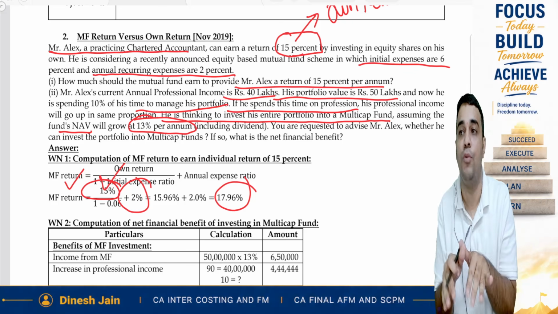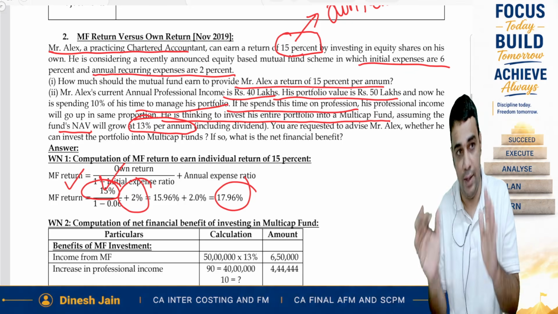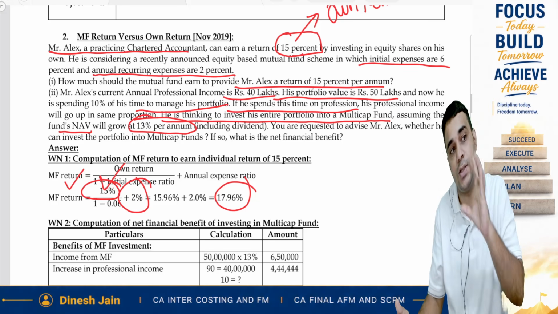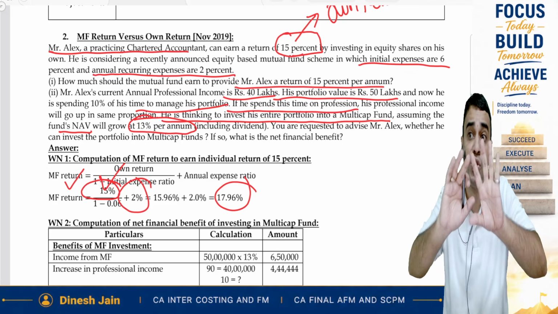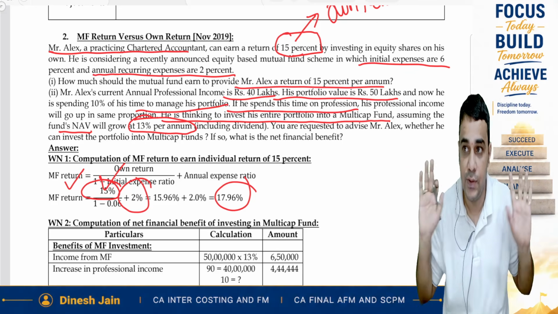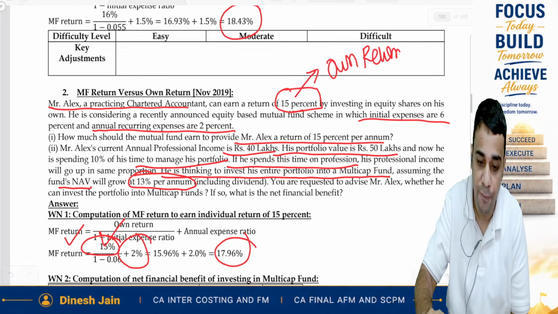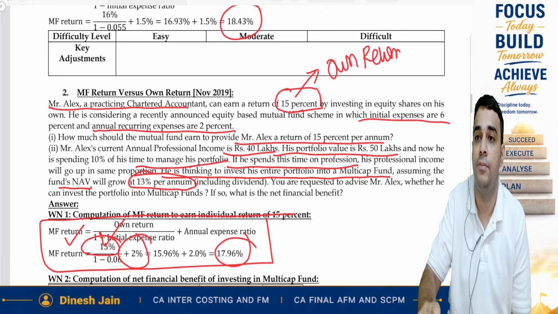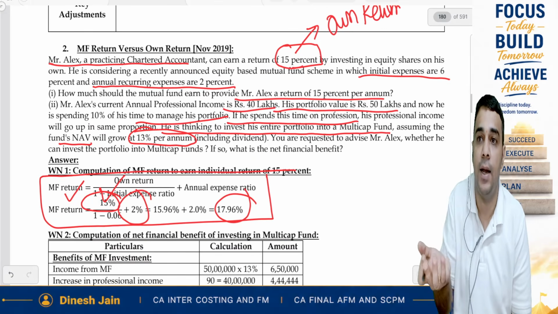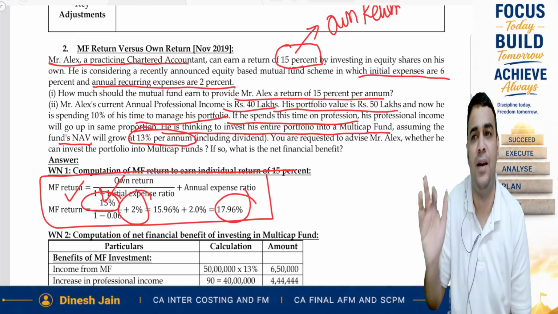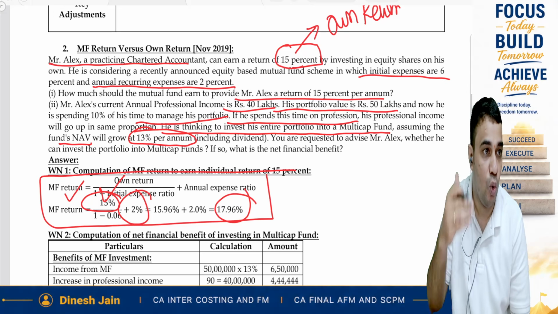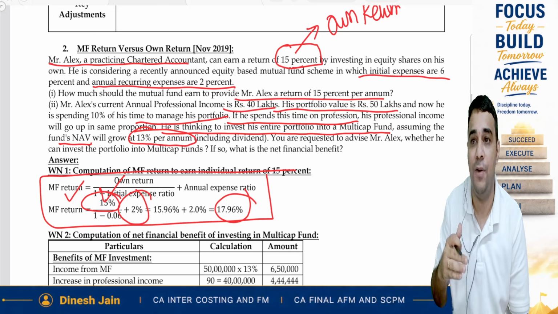The problem which I'm going to do is very simple, but generally a reverse working problem needs lots and lots of conceptual clarity. There is zero difference in working. If I tell you to do this problem where I change the number from MF to own, you will not find it difficult because you just did own return to MF return.